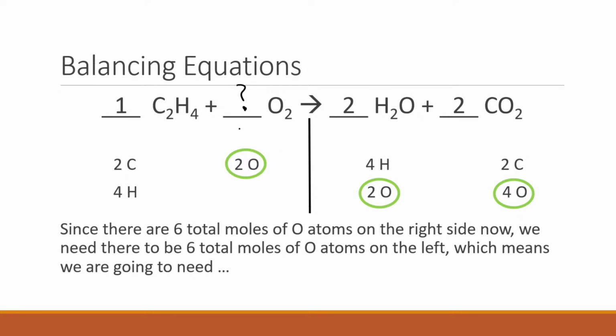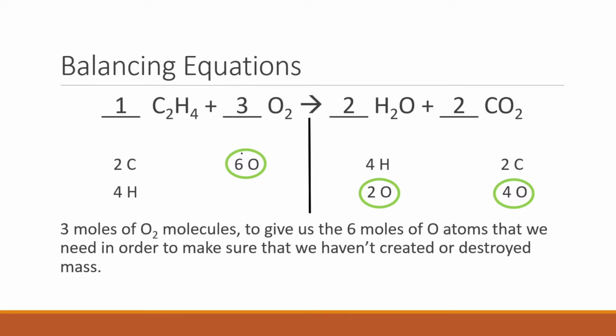The number that's going to go in front here for oxygen is going to be a 3. 3 O2s is 6 O atoms. And now I've got a number in front of everything, and all of my pieces are balanced. I've got 4 hydrogens, 2 carbons, and 6 oxygens on both sides of the arrow.